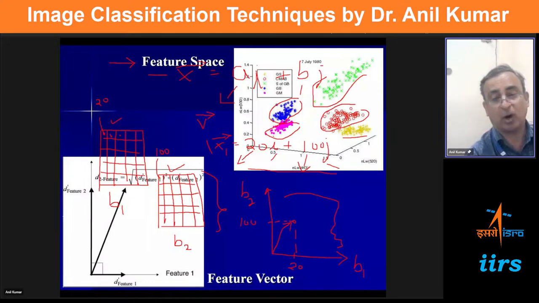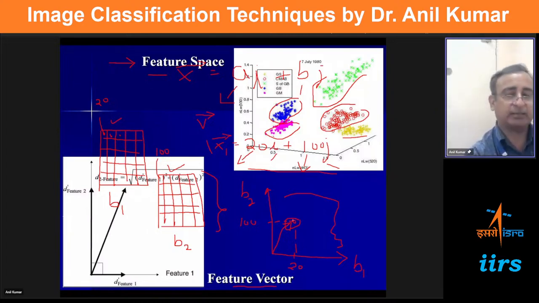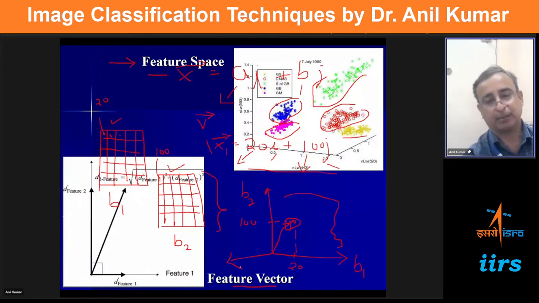Now here the pixels will be called feature vectors. Each pixel you take, its dimension will be equal to the number of bands the image has. Here I have taken the example of a 2-band value. So here you can plot any pixel in the form of a feature vector. The limitation is that physically we can have a maximum of 3 axes, X, Y, and Z. So we can plot a maximum of 3 bands at a time.